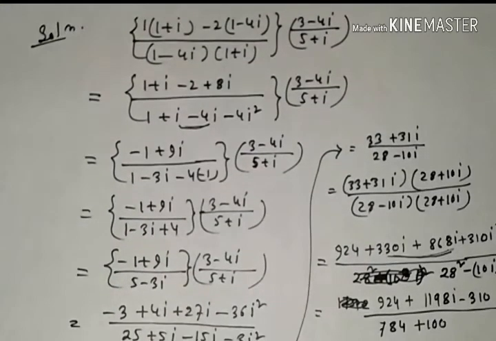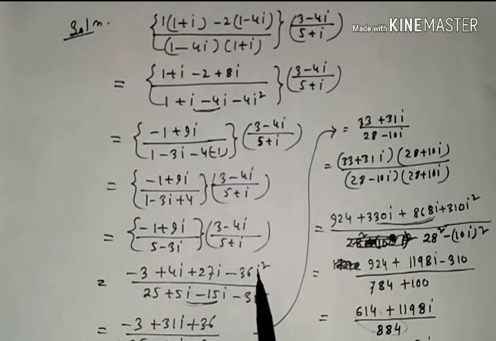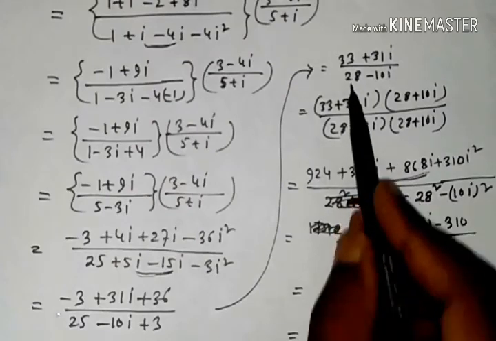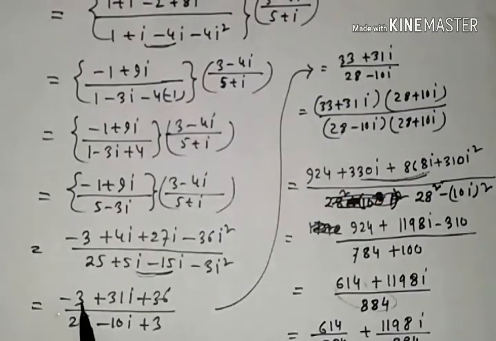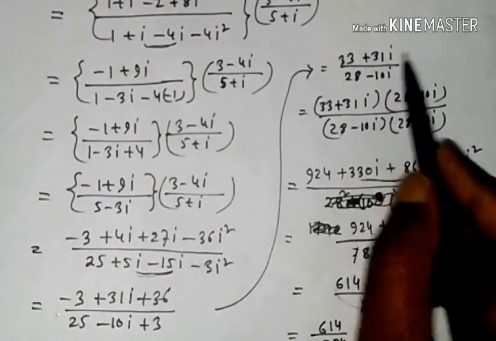Writing the value of i square as minus 1 and adding, the numerator is minus 3 plus 36, that is 33, plus 31i, and the denominator is 25 plus 3, that is 28, minus 10i.